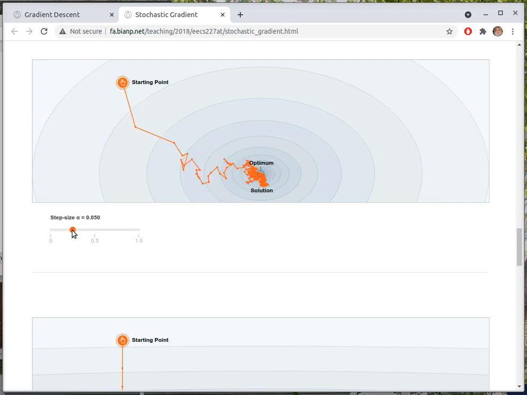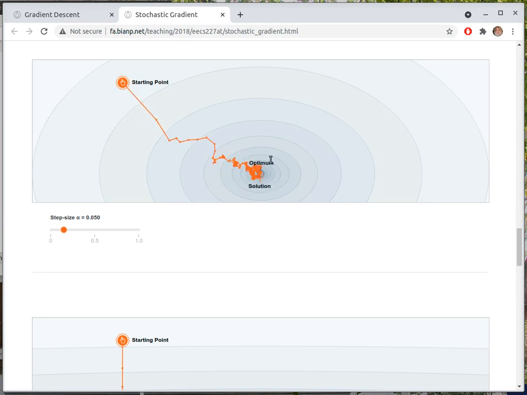What's very interesting here is what happens around the optimum. Even if I drop the step size very, very small, do you see what's happening? We're not actually converging to the optimum. Okay, step size, we haven't quite gotten there. There we go.